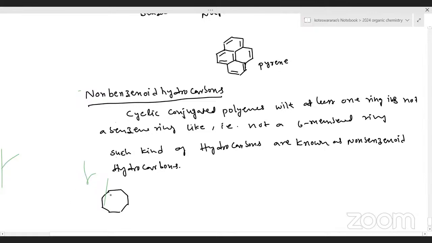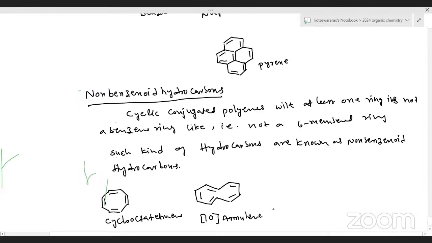Right. Cyclooctatetraene. Next, annulenes. This is 10-annulene. Next, pentalene.